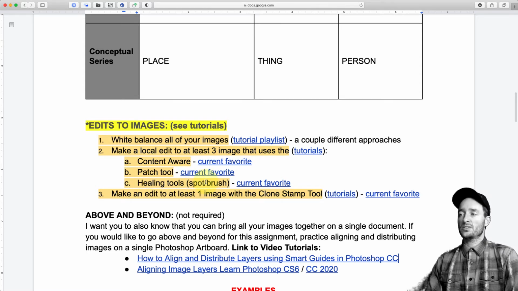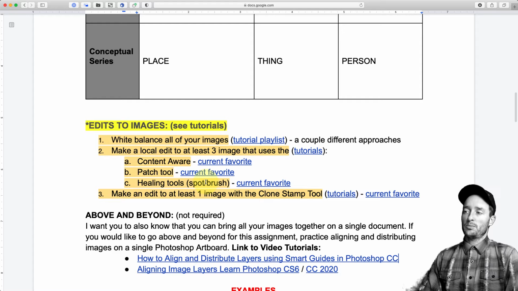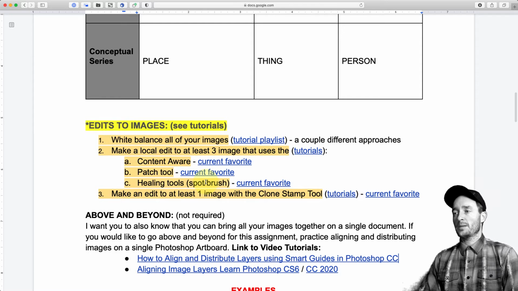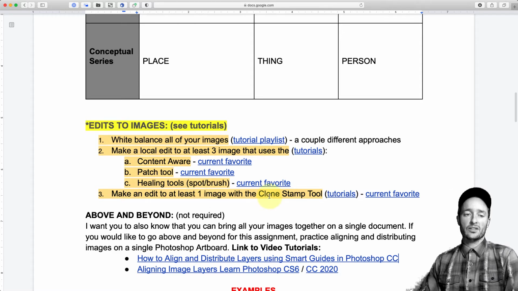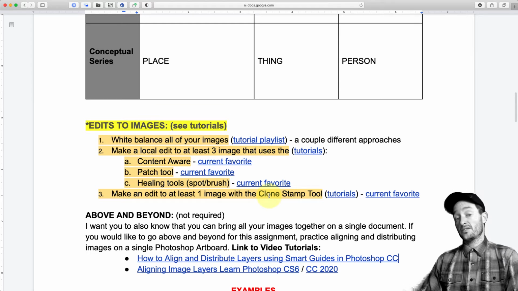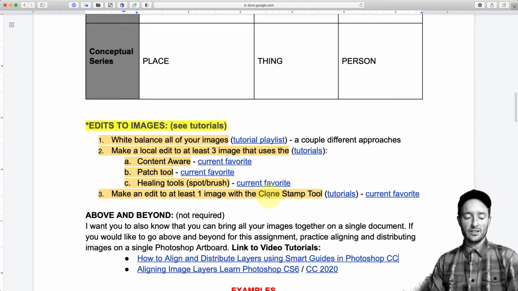There are two different ones, a spot and a brush tool. And then I'm also going to show you a clone stamp tool. So there are a lot of new introductions here to different things you can do to these images in a creative way, or also in a more conventional way.